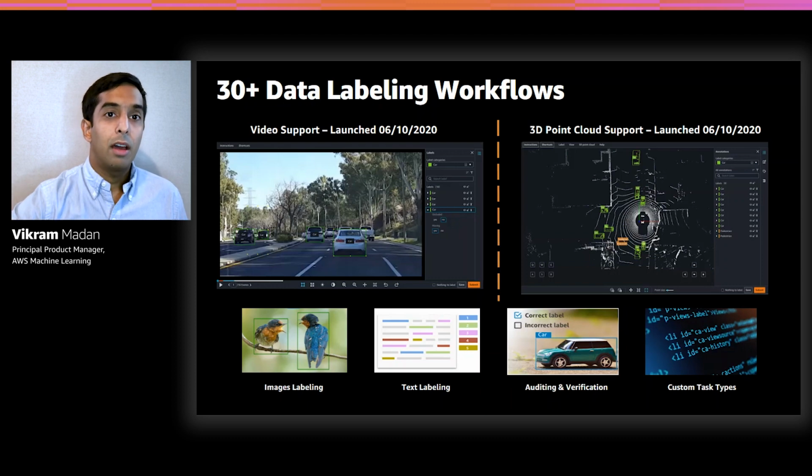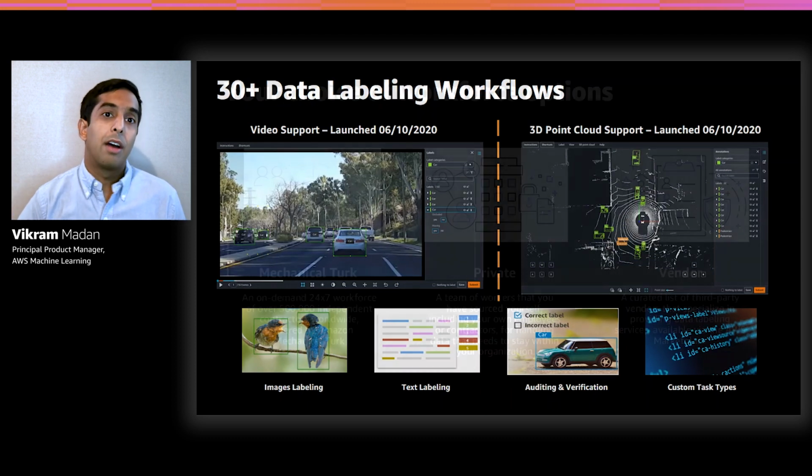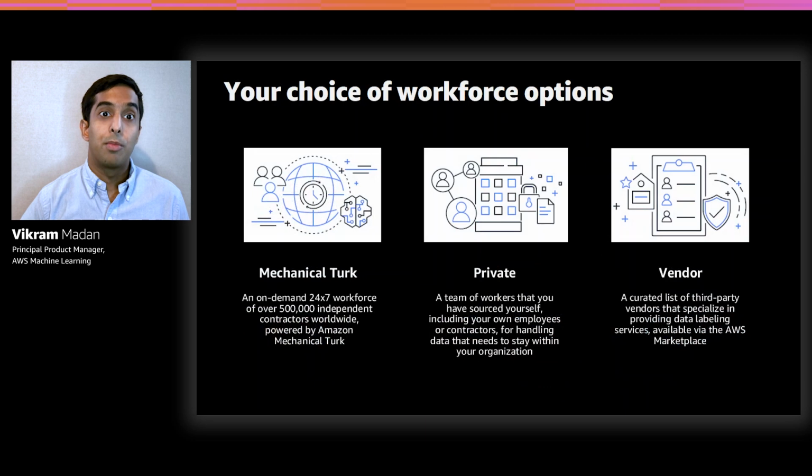Now, moving on to close things out, I just want to quickly cover the human workforce options that we provide. The first is Mechanical Turk, and this is a globally distributed, crowdsourced workforce that can work on your labeling tasks on demand. So they can pick up your tasks and work on them 24/7, 365 days a year.